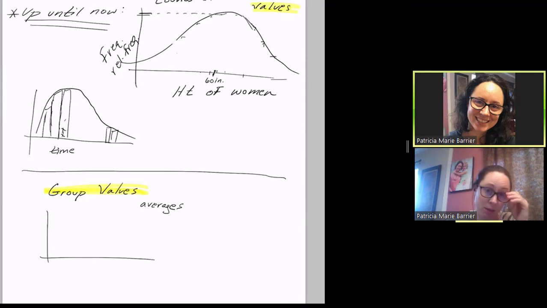So you might see something, for example, where we say, hey, look, over here I have an average for this entire group of women, whatever the sample size might be. For this entire group, I have an average of 58 inches, right? And then you might say, okay, well, here's another group. And this group of women, their average, their X bar, that was 60 inches.